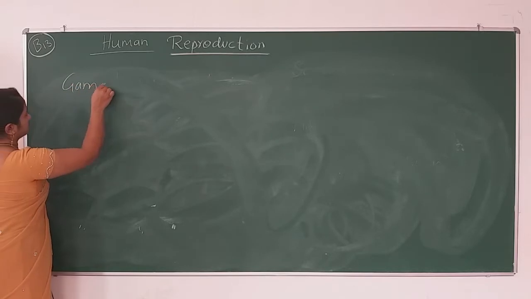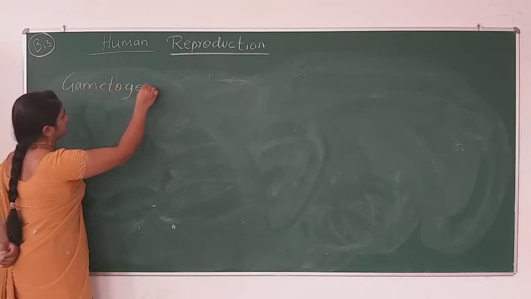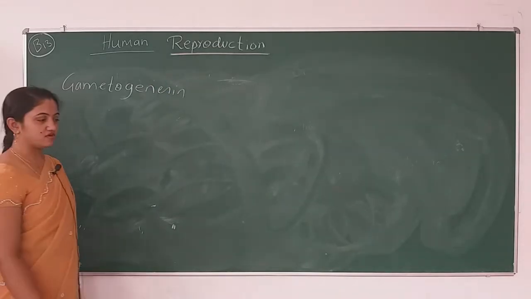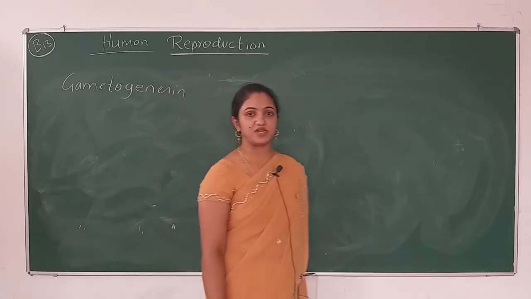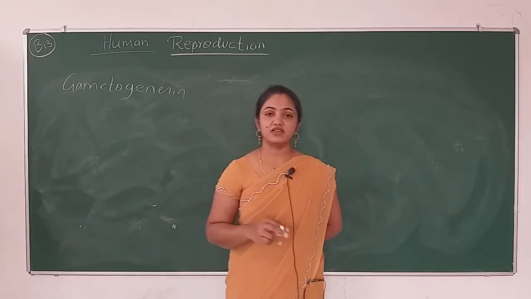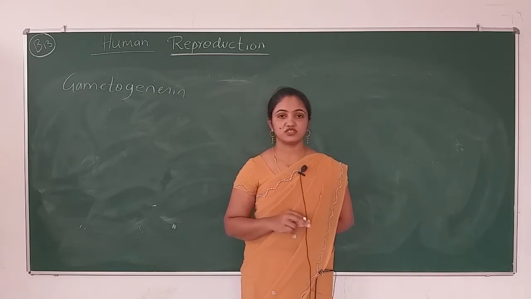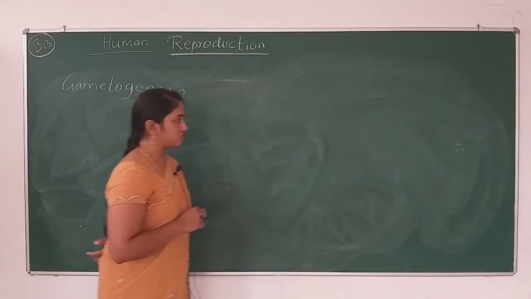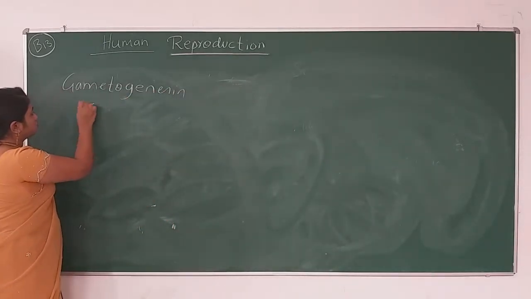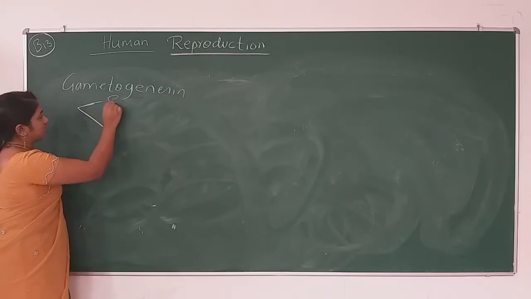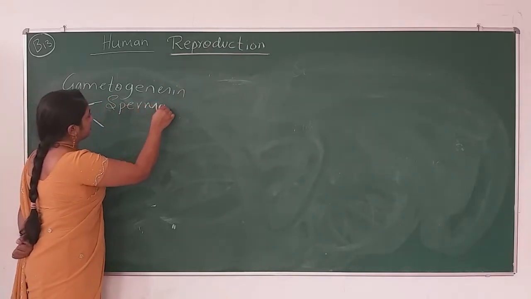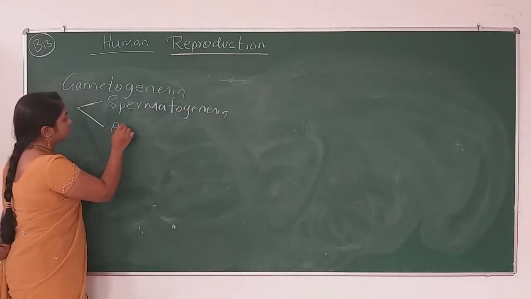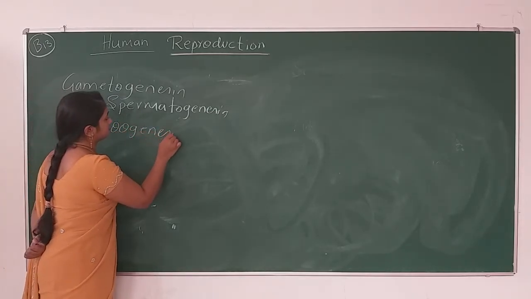Gametogenesis is the process of synthesis, or formation, of gametes. Here we are in human reproduction. Humans are unisexual, male and female differ, so gametogenesis is also of two types. One is spermatogenesis and the other is oogenesis.